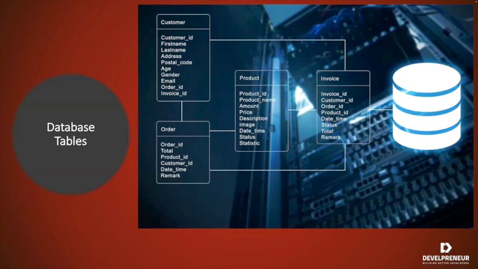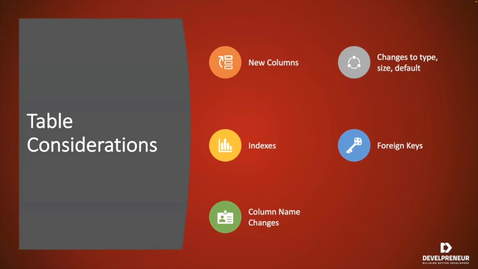So let's start at the table level. Some of the things we have to think about if we want to match up tables from one environment to another. If you think through it, it for the most part is fairly logical and commonsensical. You have to worry about columns. You want to worry about whether you have new columns.